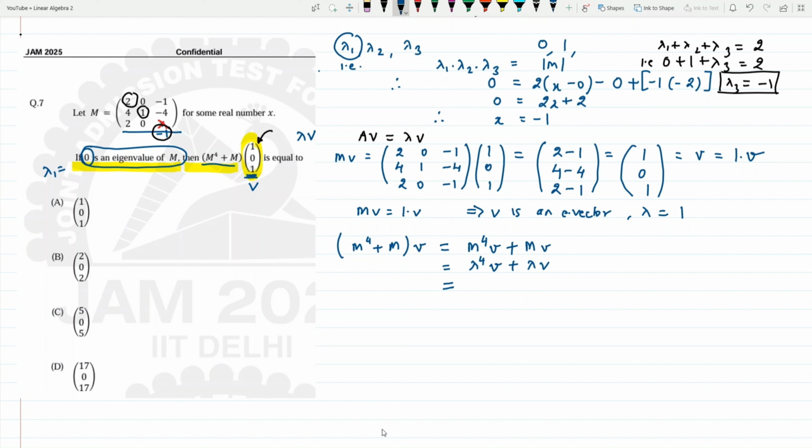Since lambda equal to 1, we plug in the value, so this is going to be 1 raised to 4 times v plus 1 times v, which is v plus v, and that's 2v. And 2 times v means 2 times (1, 0, 1). That's going to be the vector (2, 0, 2), and that matches with option B. So without any haste, you can select option B as the correct answer.